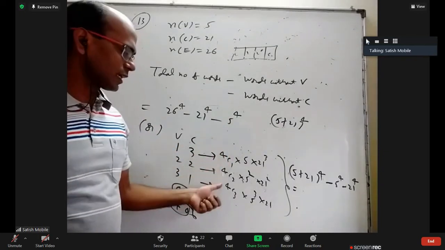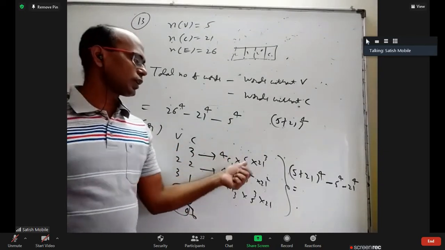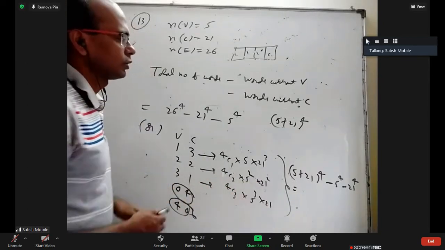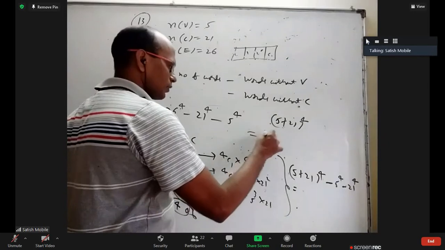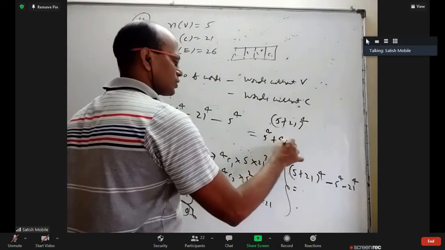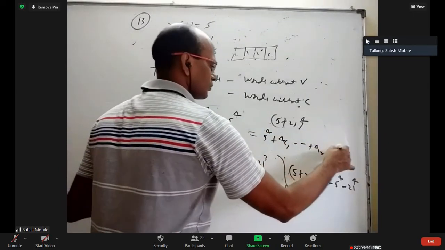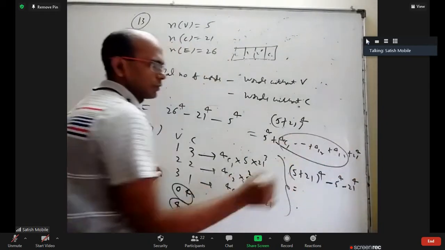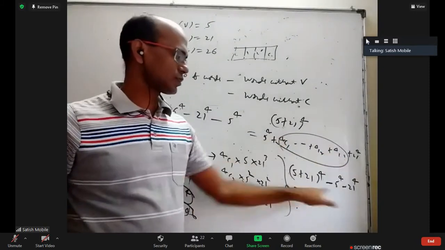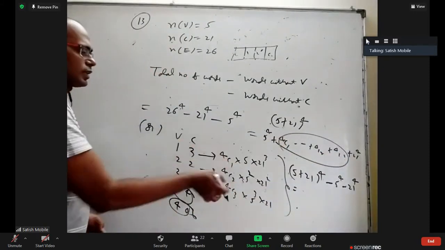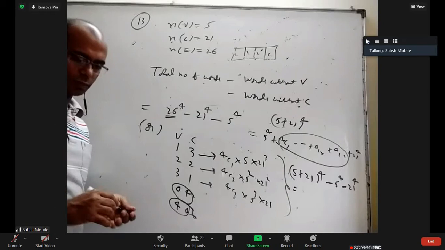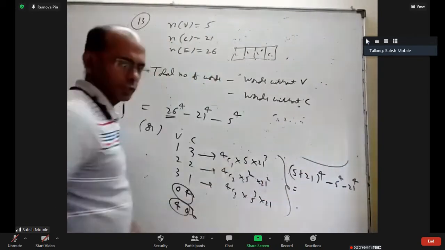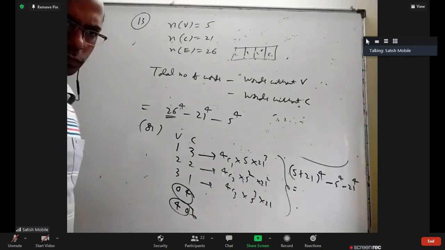The middle 3 terms are exactly these: 4C1 into A into B cube, 4C2 into A square B square, 4C3 into A cube B. So when you expand, you get 5 power 4 plus 4C1 something, 4C2 something, 4C3 something, and 21 power 4. The part you want is exactly the middle terms. Obviously they're equal because of the binomial expansion of 26 power 4. So you can do it with either method, positive or negative. Is it okay? 13th question?